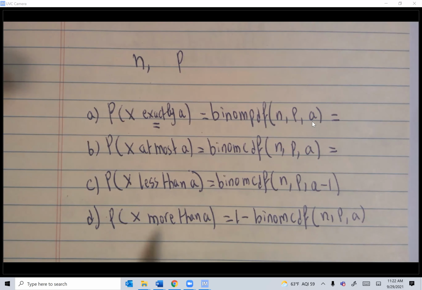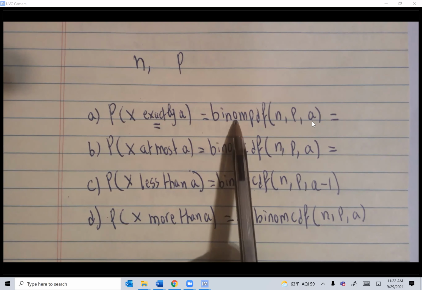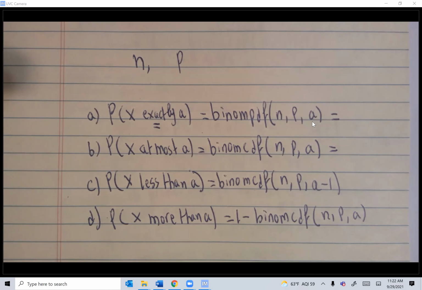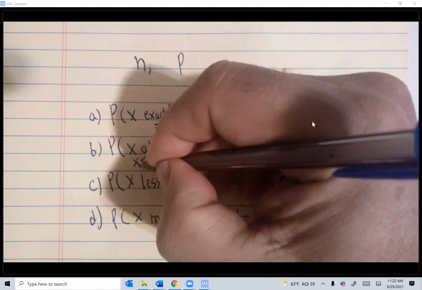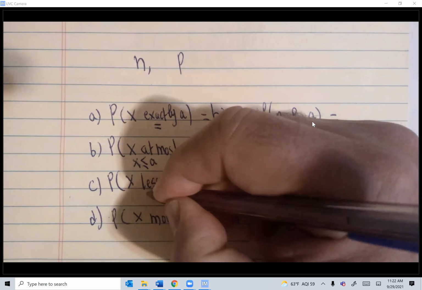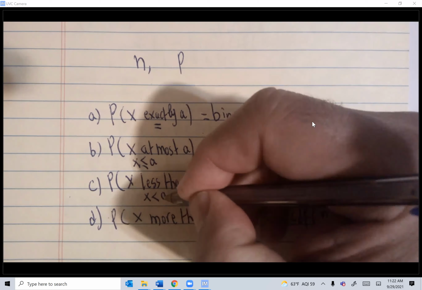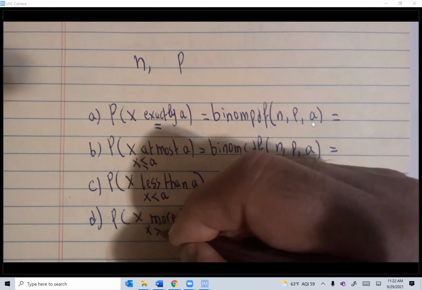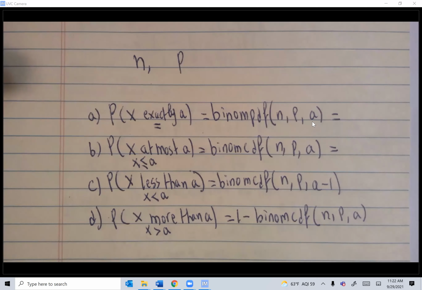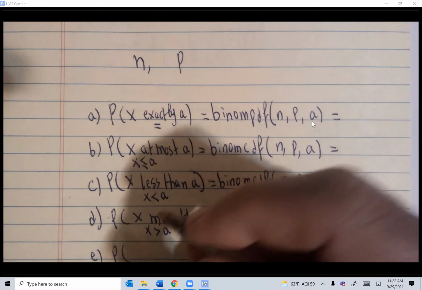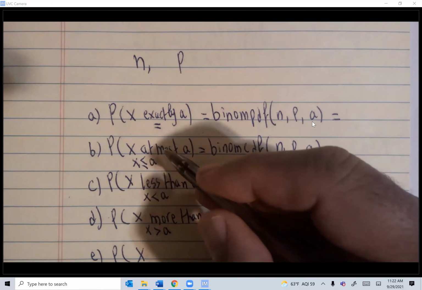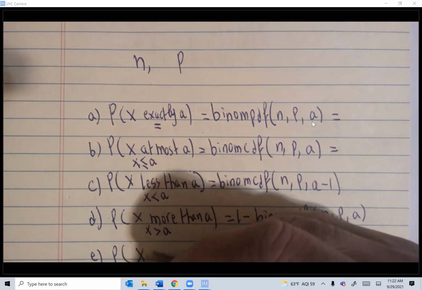Assuming that you know how to use the binomial PDF formula and the binomial CDF formula. So look, we did the at most. At most, we write it like this. Less than a, we write it like that. More than a, we write it like this. And there is a last one, guys. We did at most, we did less, we did more, at least now.